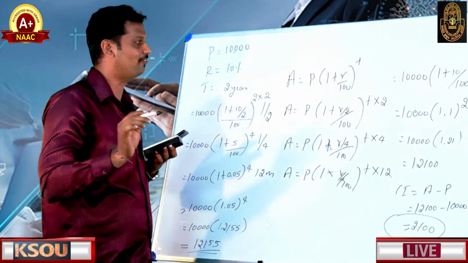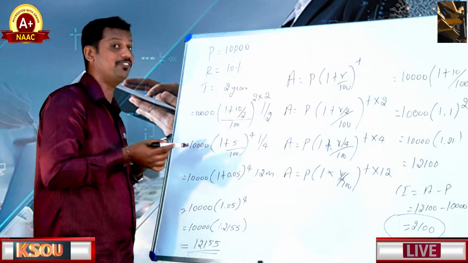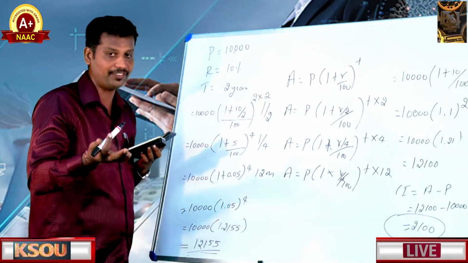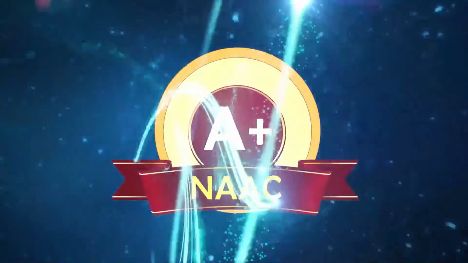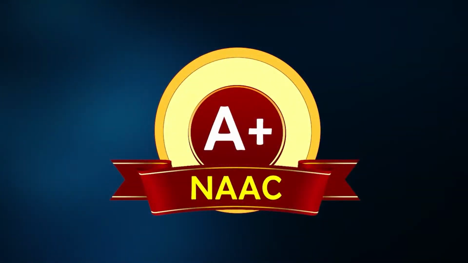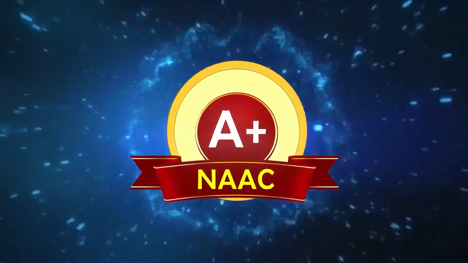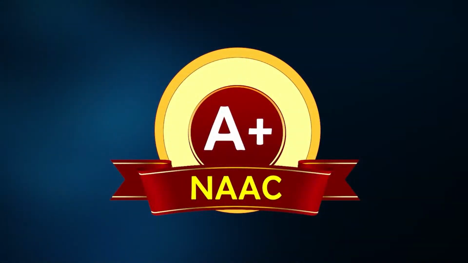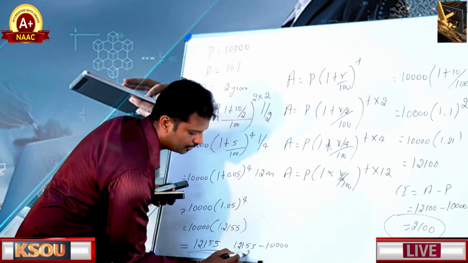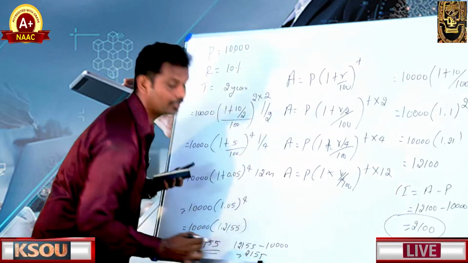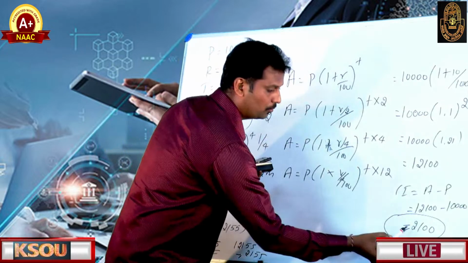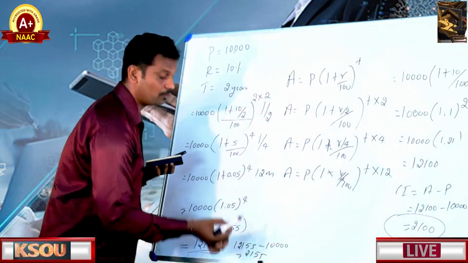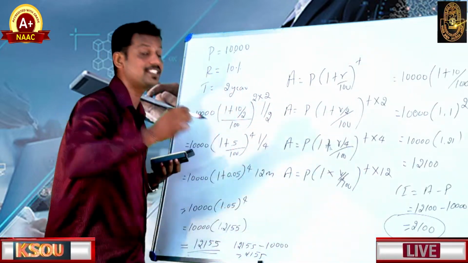But in case the amount is compounded half yearly, that means twice in a year, the interest is 2,155. So here 2,100, here 2,155. That means 55 rupees is the increase.